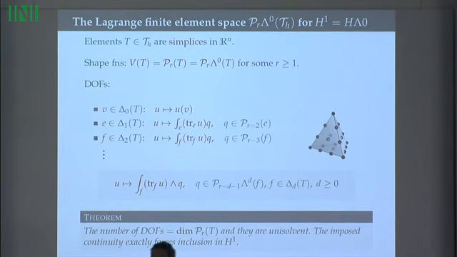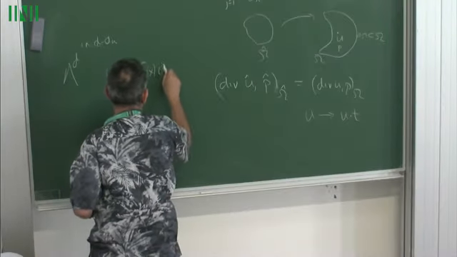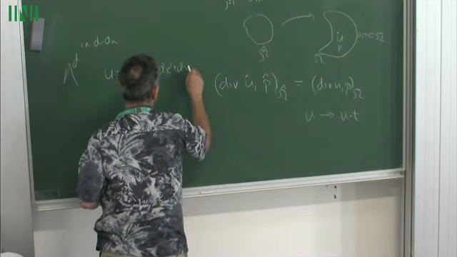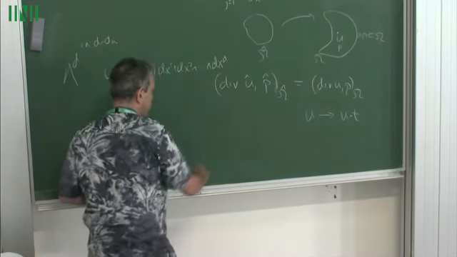A d form is also a scalar because there's only one d form in d dimensions. It would be something of the form f of x, and then the only thing you can put here is dx1, dx2, up to dxd. That's the only increasing sequence from 1 to d.